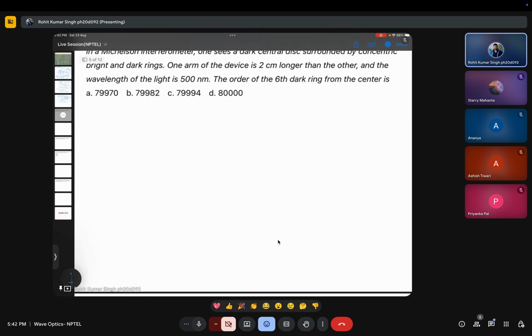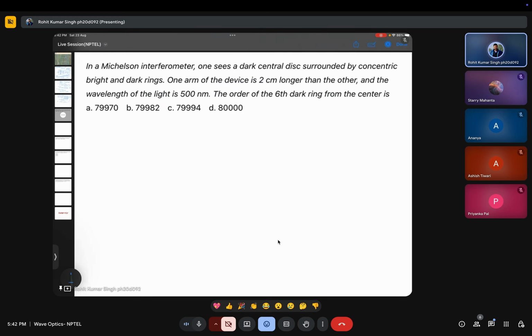So this is the first problem. In a Michelson interferometer, one sees a dark central disk surrounded by concentric bright and dark rings. So in the center you have one dark disk, and then there are bright and dark fringes like this.